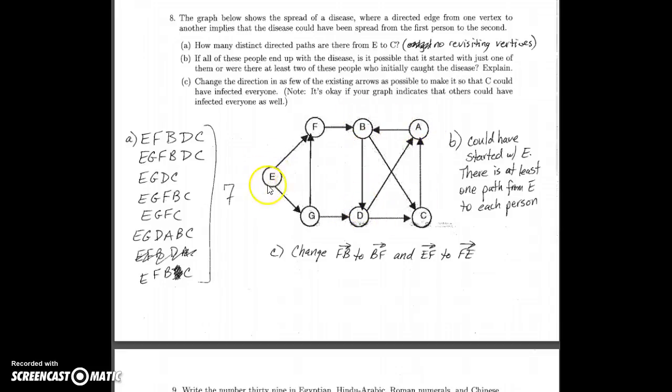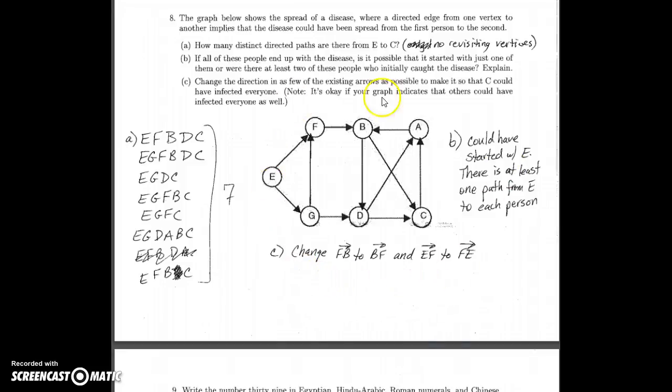As it turns out, E can infect F and G, F can infect B, G can infect D, D then affects A, B infects C, and you have the entire group infected just because E started off as infected. So it could have been a potential source of this disease.